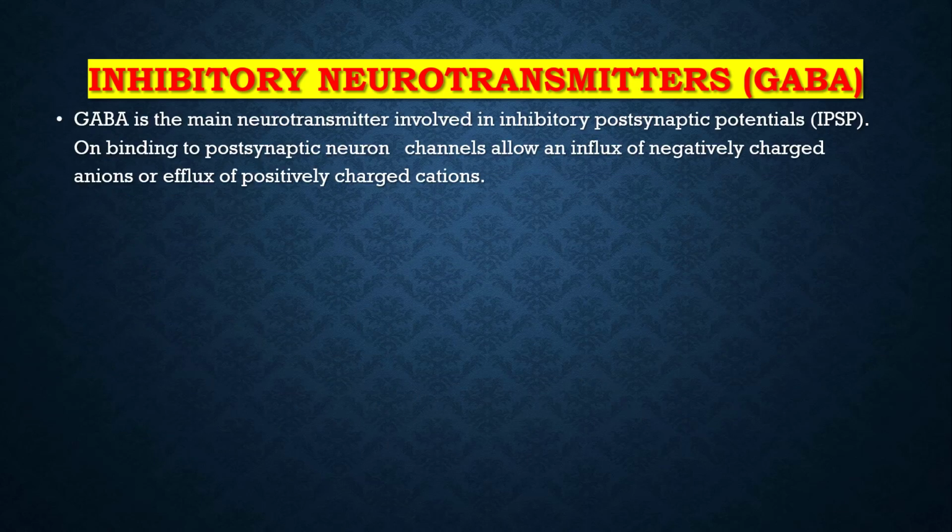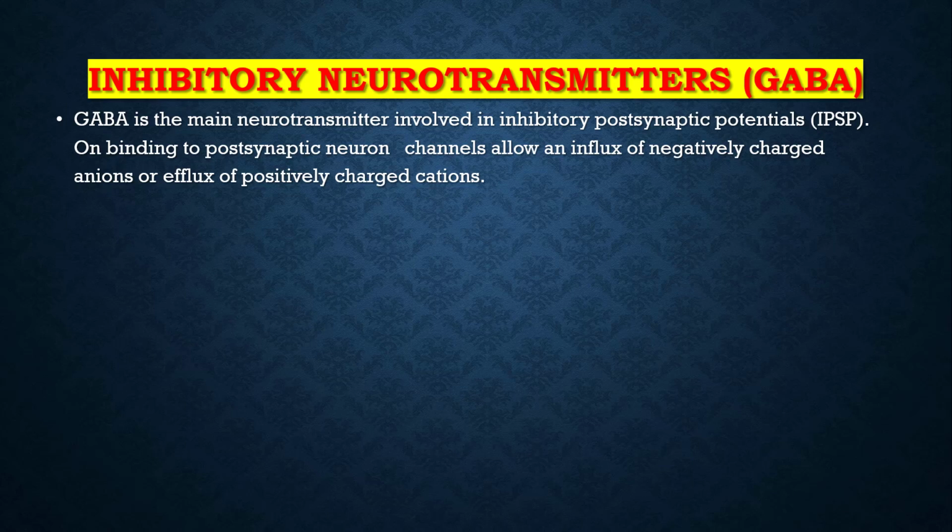Inhibitory neurotransmitter. GABA is the main neurotransmitter involved in inhibitory postsynaptic potential. On binding to the postsynaptic neuron, the channel allows an influx of negatively charged anions or efflux of positively charged cations. As we have discussed in the action potential, when negative charge ions enter the cell, positive charge ions leave the cell.